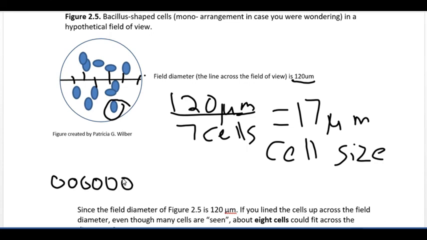So what I could do then, if I know, again, go back to that field size calculation, what that field diameter is. So let's say I say there's 6 in a chain, and let's say about 10 of those chains would fit across that field diameter. So I would just say, okay, there's 10 chains and 6 in each chain. So about 60 cells, and then I can use 60 to divide that in. So sometimes that's a little shortcut.